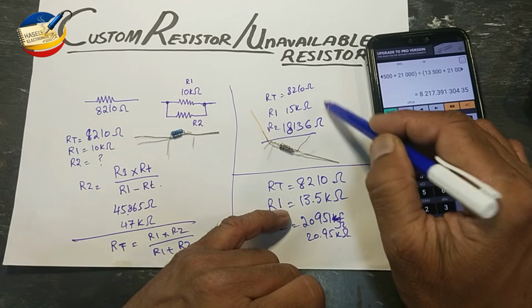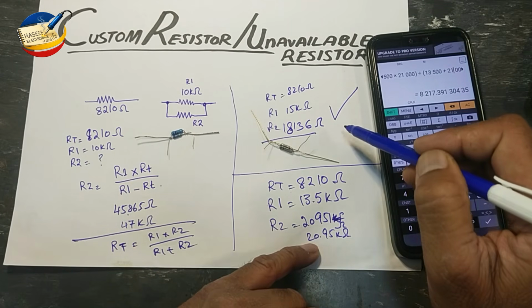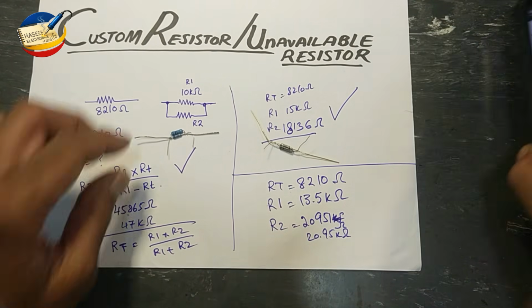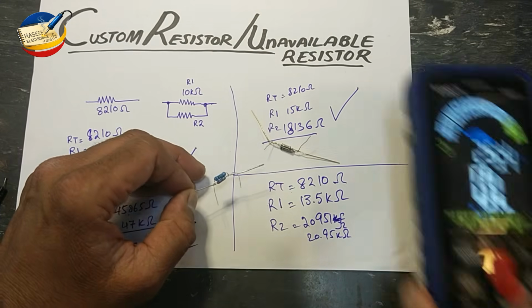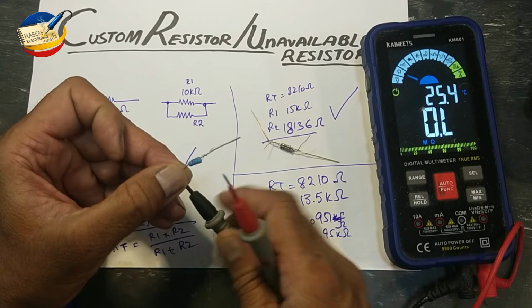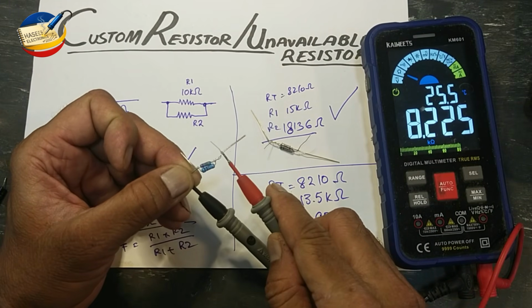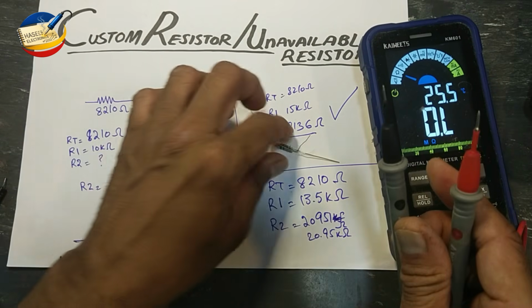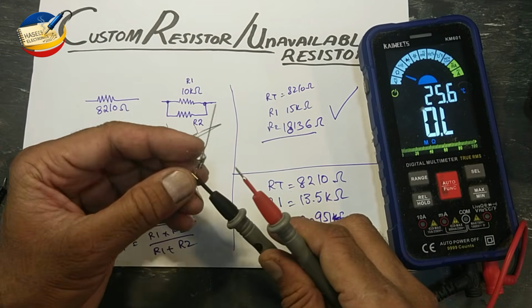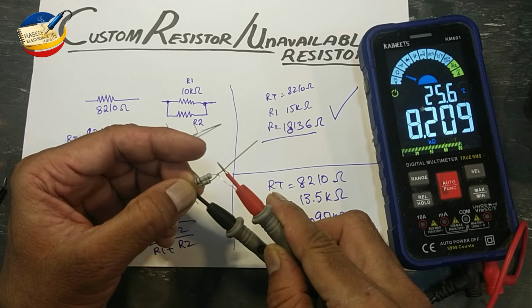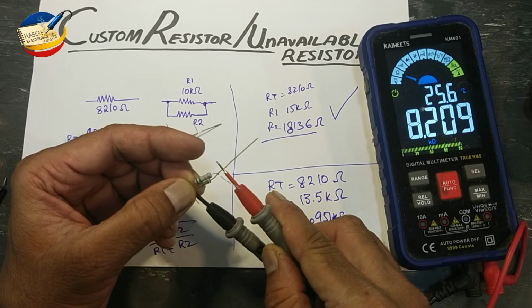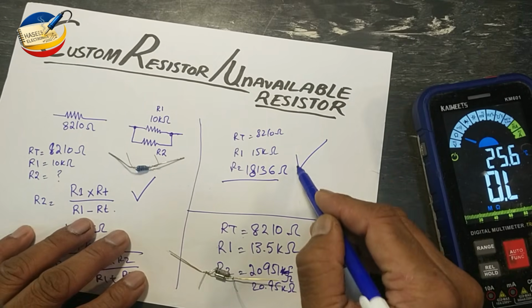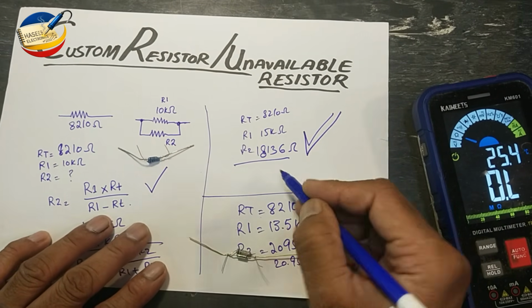So I think this is the best option, and this is also the best option. 8,224 ohm, that is closer. This is 8209. So this match is perfect.